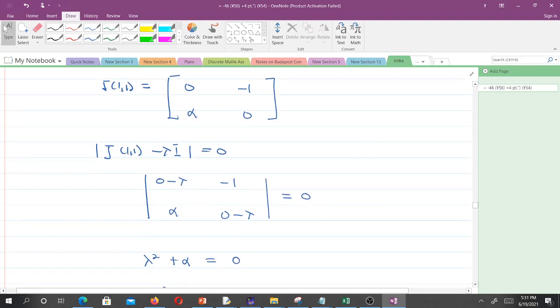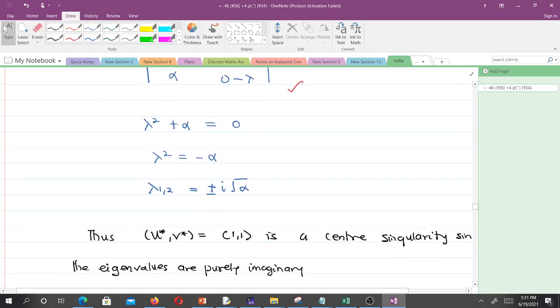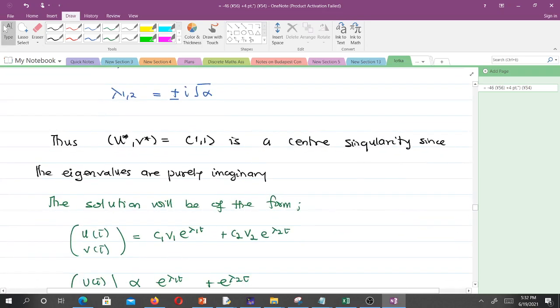And when you find the eigenvalues of this Jacobian matrix, this is going to give us lambda 1 and lambda 2 to be plus or minus root of alpha i. So you are going to get complex roots. So it implies that u star v star equals 1 1 is a center singularity, since the eigenvalues are purely imaginary. And it means the solution will be of the form.